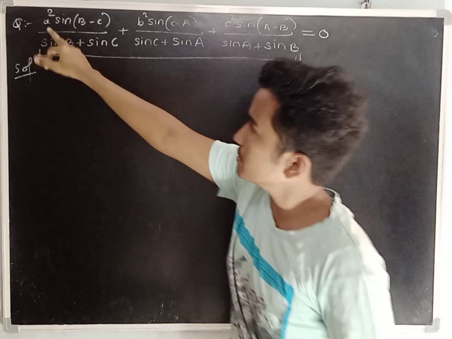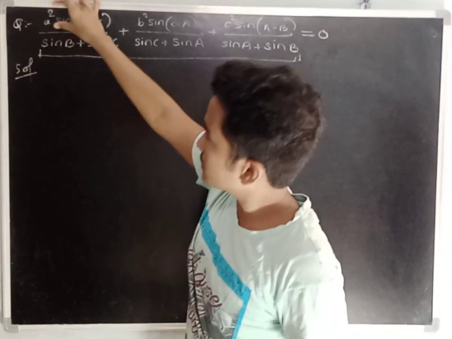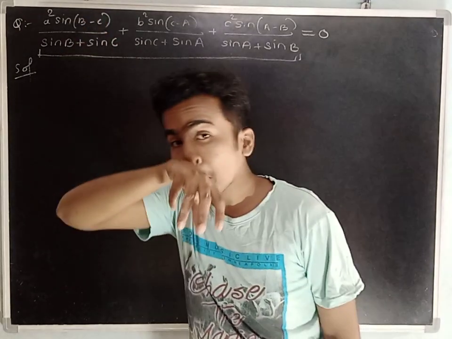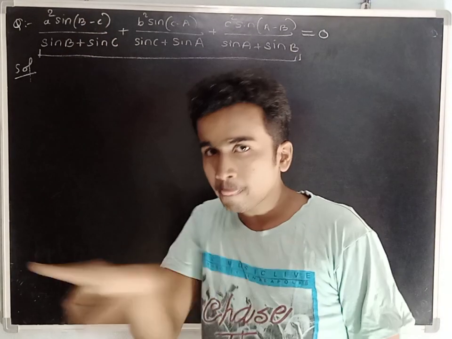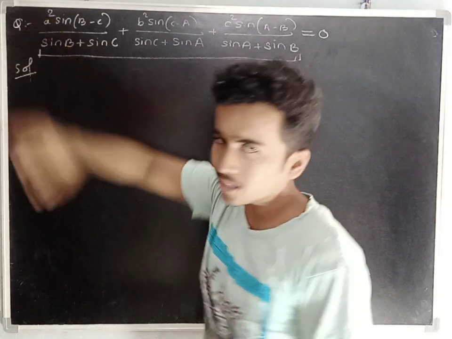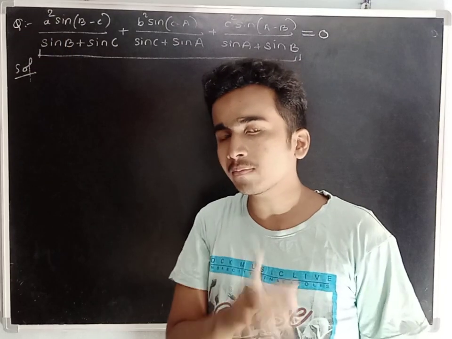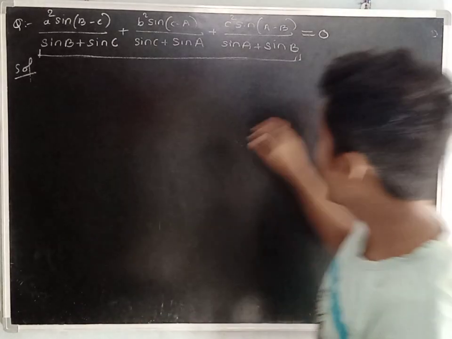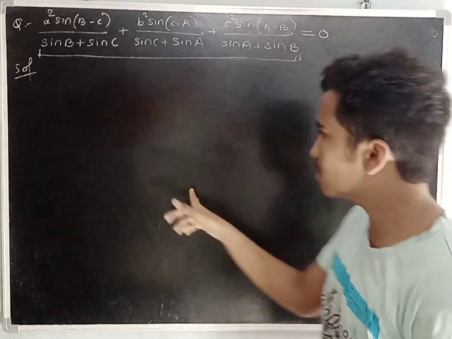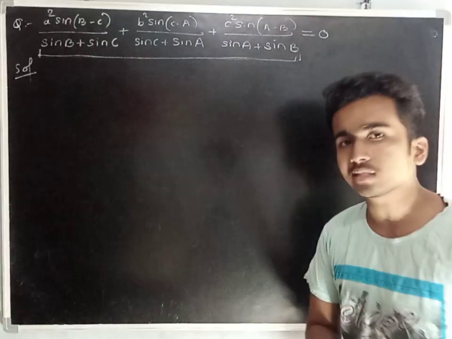I have kept this term constant, this term stationary, and I have solved for these two. Finally, I have got sin (b minus c) by 2 by sin (b plus c) by 2, which is nothing but (b minus c) by a. Sigma a square into (b minus c) by a is sigma of ab minus ac. After simplifying everything, every term got cancelled and I finally got 0, which is nothing but RHS.